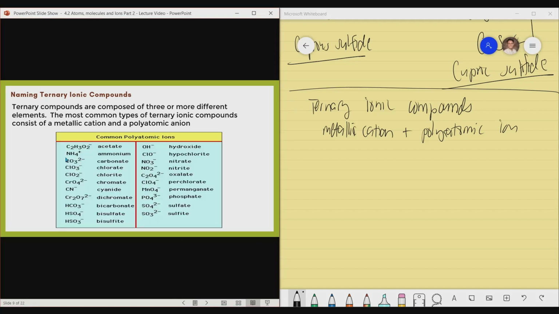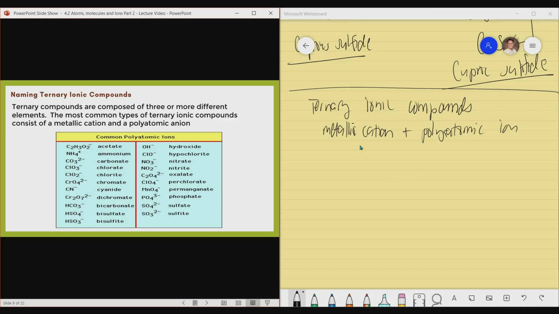Examples of ternary or common polyatomic, ito po yung mga common polyatomic. You have acetate, ammonium, carbonate, chlorate, chloride, chromate, cyanide, then so on and so forth. On your periodic table, you can actually see common polyatomic ions at the bottom part of your periodic table. Nasa bandang ilalim po yan. Okay, makikita nyo yung listahan ng mga polyatomic ion, both for positively charged and negatively charged.